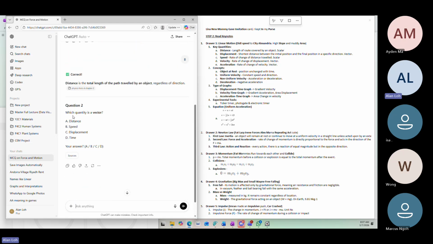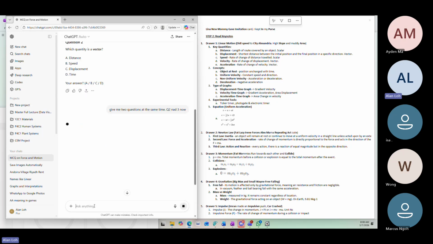So question two. Let's do the same format in typing the answers. Which question, which drawer, and which answer? Give me two questions.